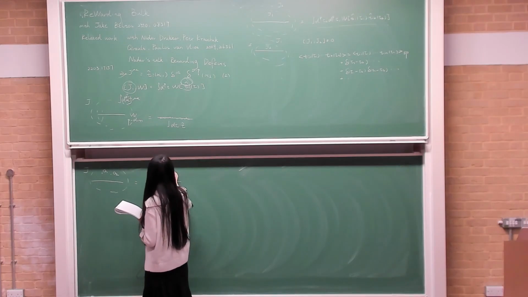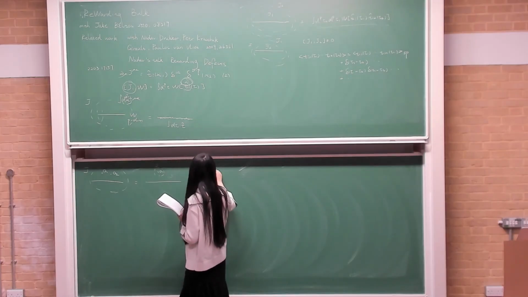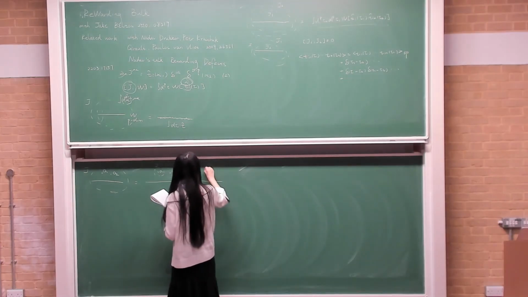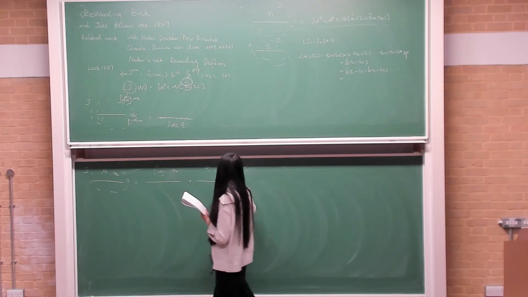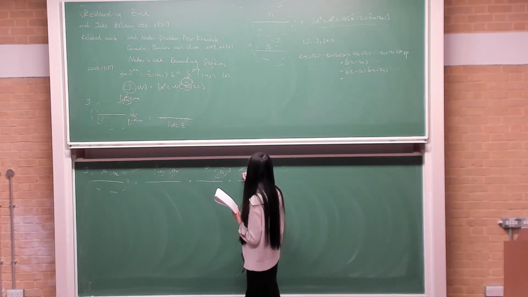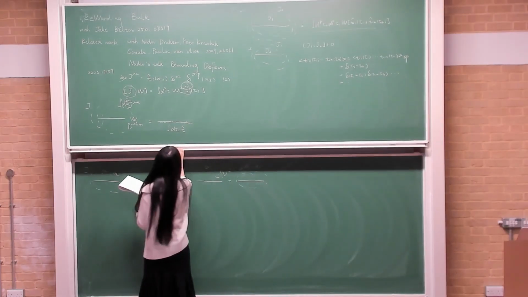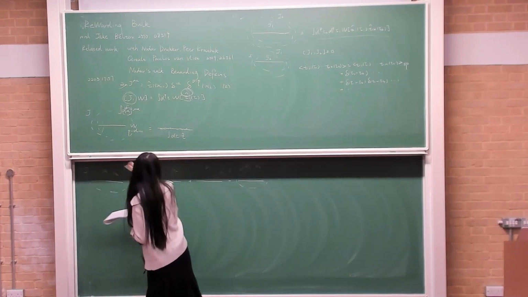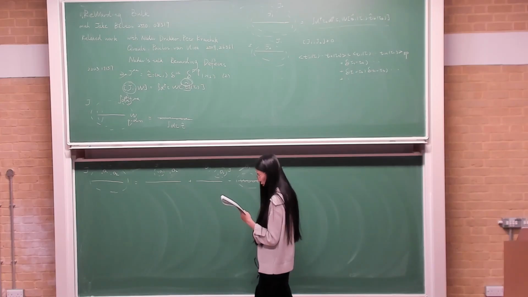One is this current acting on a bulk operator, and the second part is the same as the defect case, where it's acting on the defect and gives me the same integration on the tilde operator.